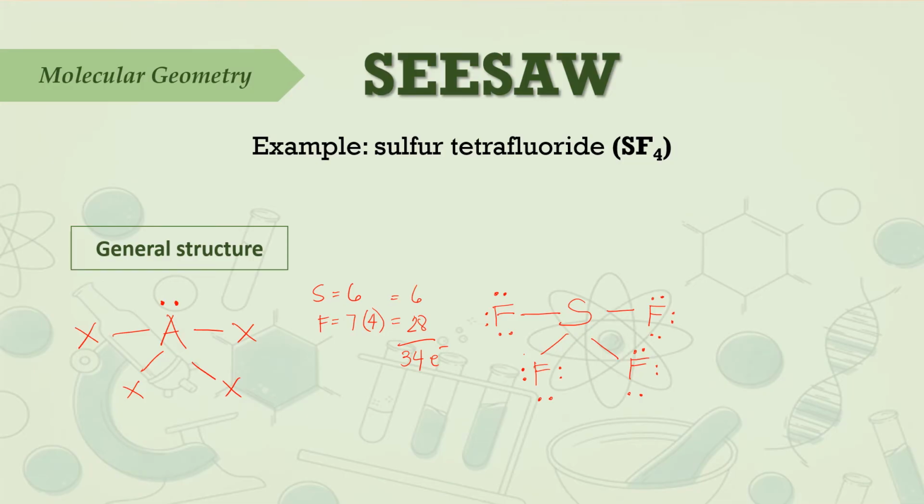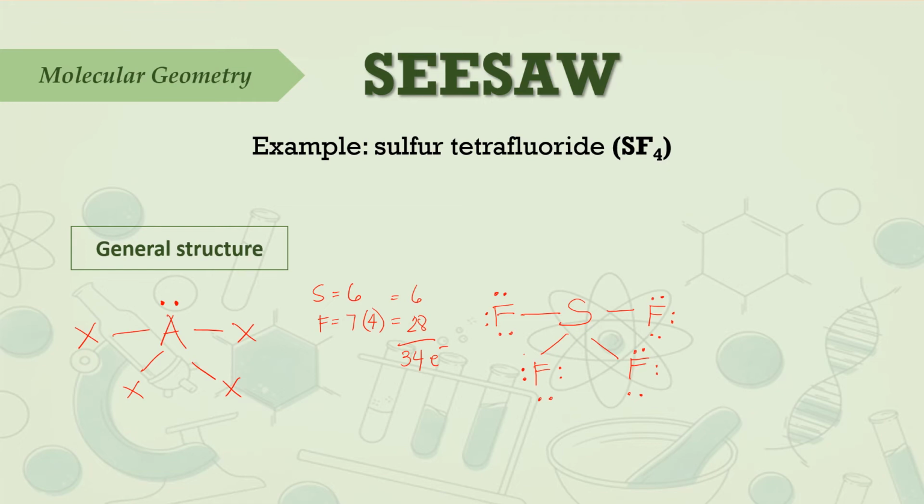So if we are now going to count, we have here fluorine. Each fluorine has 8 electrons already, and sulfur has also 8 electrons already.